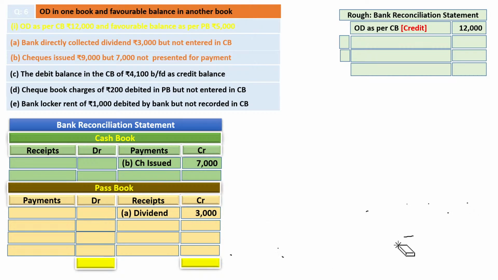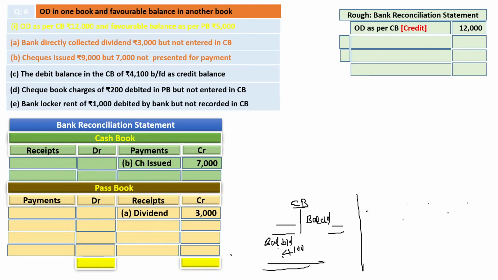Now, let's see how this happens. Cash book, balance carried on, balance brought down, 4,100. They have wrongly posted.